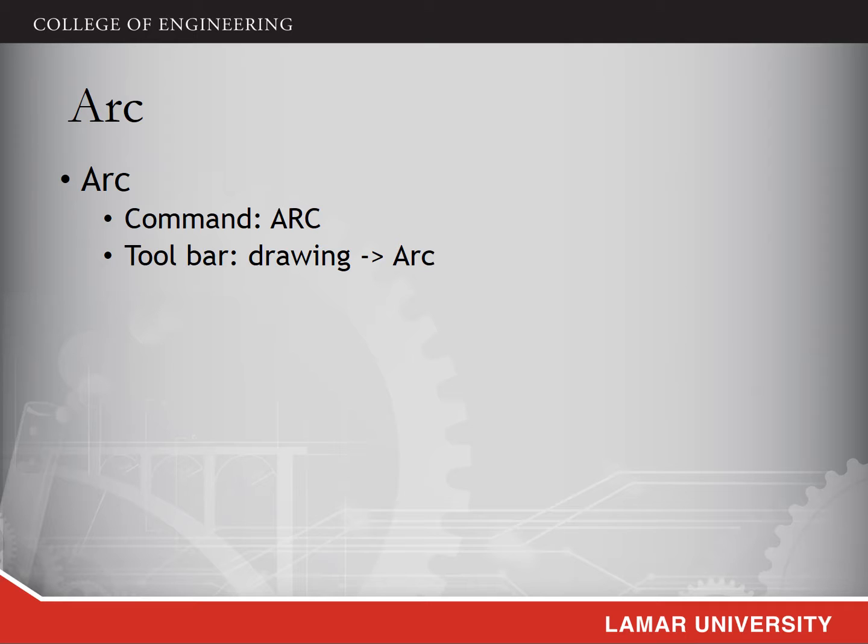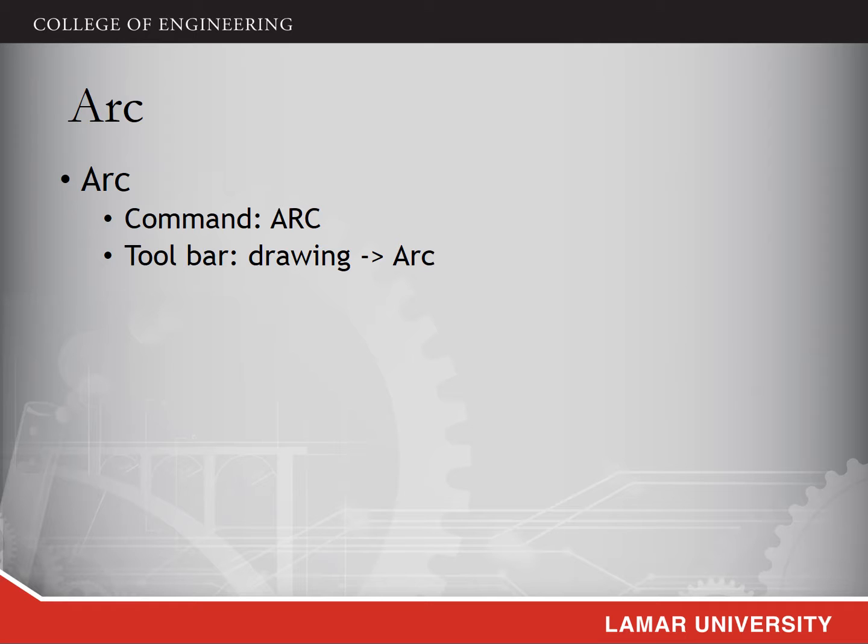In two-dimensional joining, sometimes we are only interested in one part of the circle, which means we only want to input an arc in the joining. In AutoCAD, the command for you to generate an arc is just arc, and you can also go to Toolbar, choose Joining, and select the Arc icon to build a new arc.